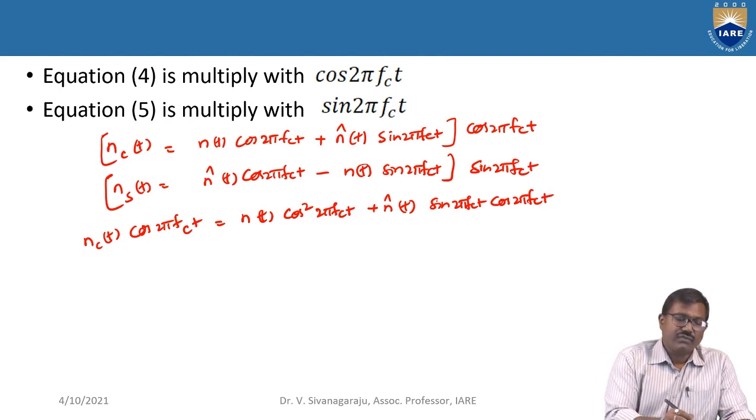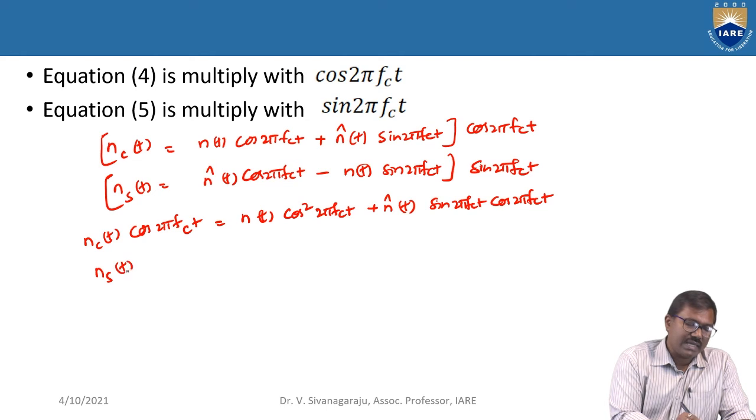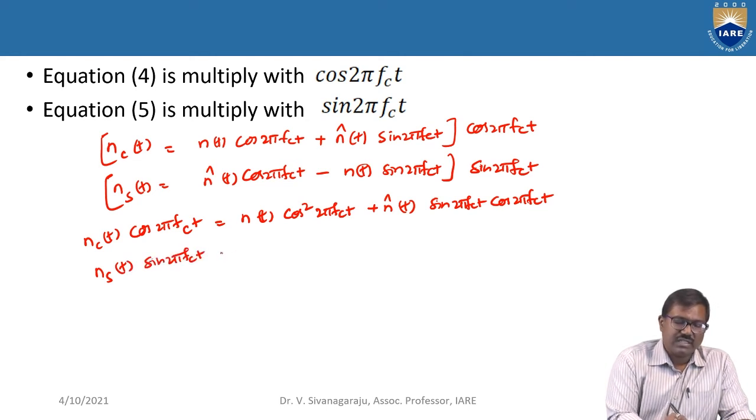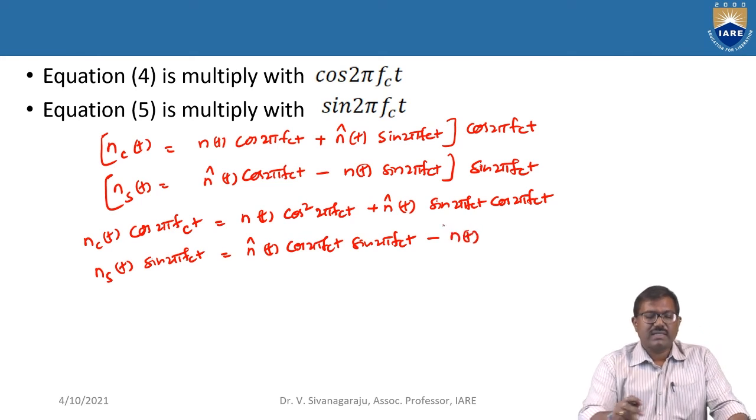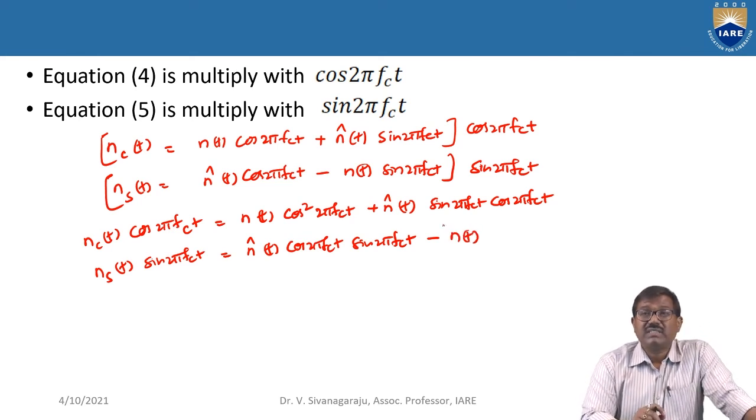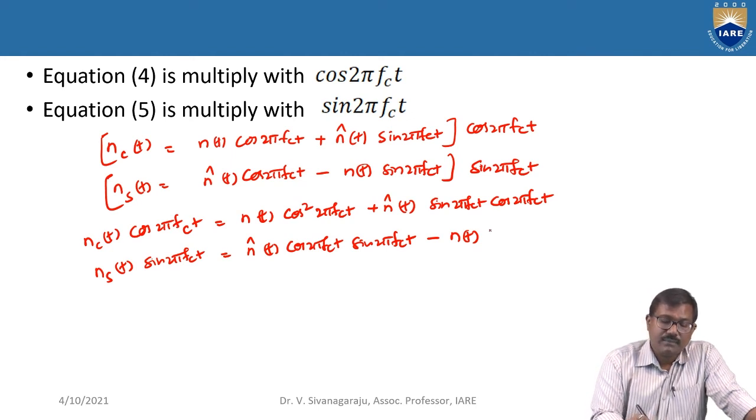And again the fifth equation: ns of t into sin 2 pi f c t is equal to n cap of t into cos 2 pi f c t into sin 2 pi f c t, and again minus n of t, again you are getting a sin term which is multiplied with another sin term, so sin square 2 pi f c t.